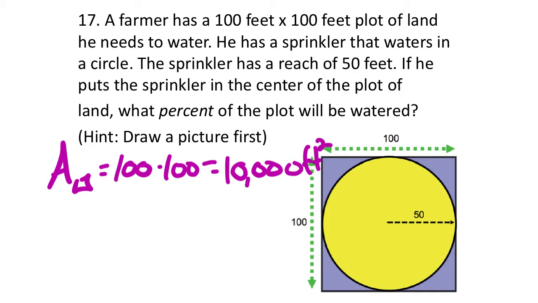All right, but then we need to find the area of the circle, because this is the amount of area of the plot that is actually getting watered by the sprinkler. Well, that's pi, because it is a circle, times the radius, 50, times the radius, 50. And yes, I'm still using the pi button in my calculator to make this calculation. So I got pi times 50 times 50, and what I get back from the calculator is 2,500 pi.